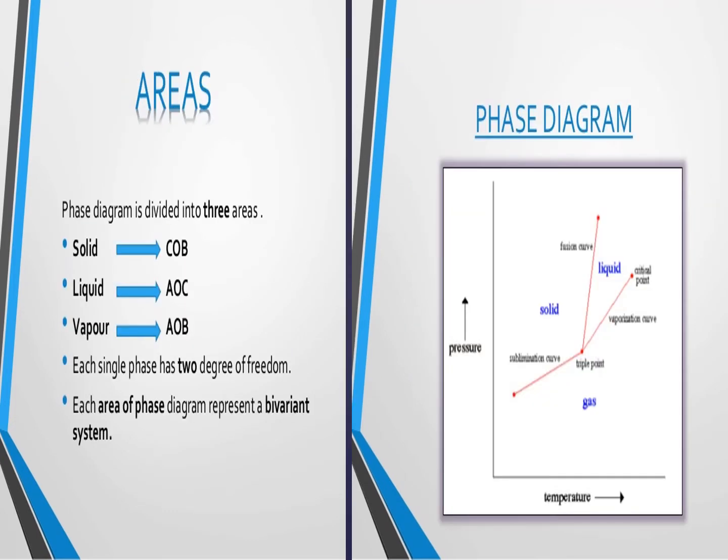In the phase diagram, there are three areas: a solid area, a liquid area and a vapor area.